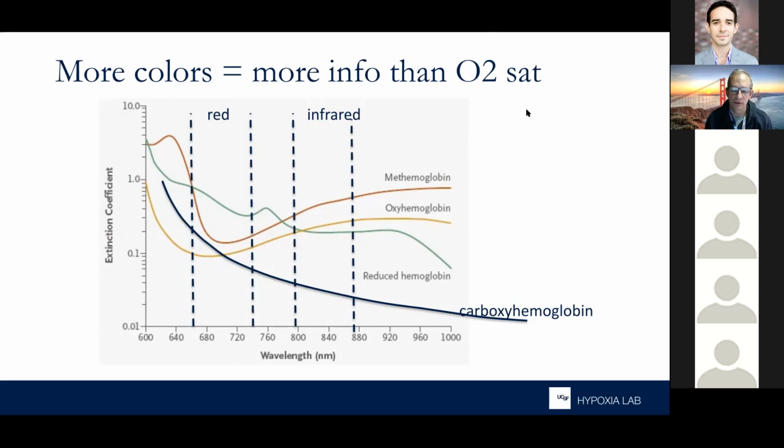So, in principle, one could use different wavelengths of light to solve multiple simultaneous equations to derive values for all of these. And there are a few manufacturers that have done this and incorporate between 8 and 10 different wavelengths of light from light emitting diodes to produce sort of a spectrophotometer that goes on a finger.